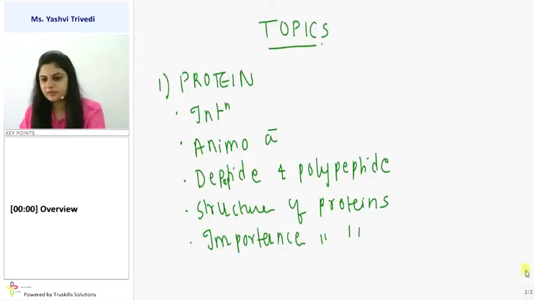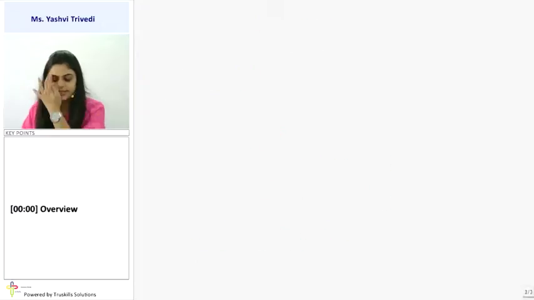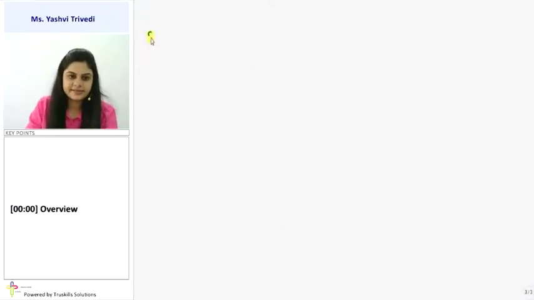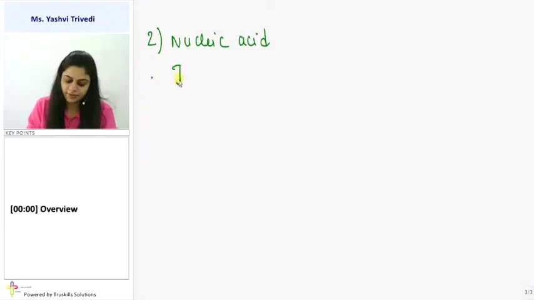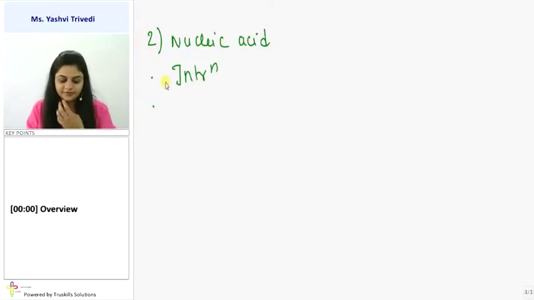The next biomolecule that we are going to study in this chapter is nucleic acid. So in this we will be studying the introduction again for nucleic acid. Then we will see the various compositions of nucleic acid, that is, every nucleic acid will be made up of what type of components.